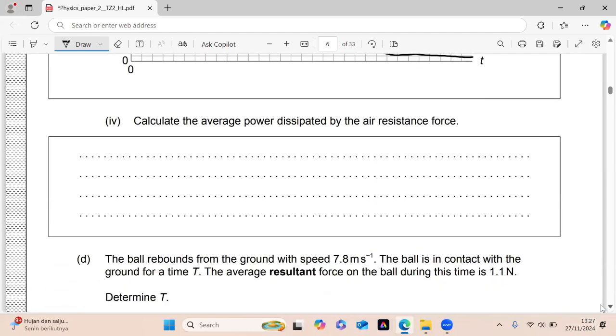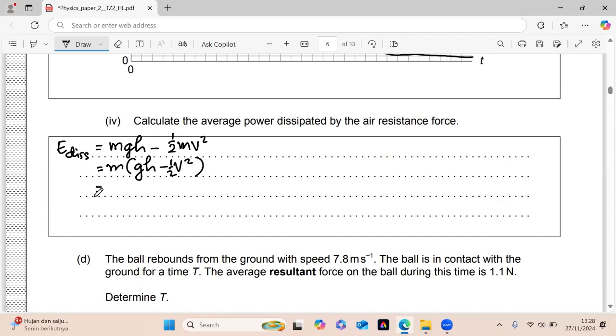Calculate the average power dissipated by the air resistance force. The energy dissipated by air resistance has the expression: E dissipated equals potential energy mgh minus kinetic energy half m v squared, or m times g h minus half v squared.